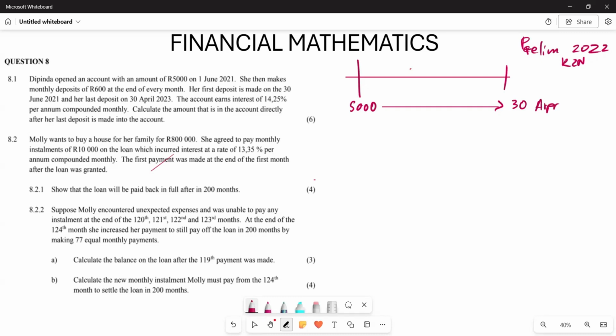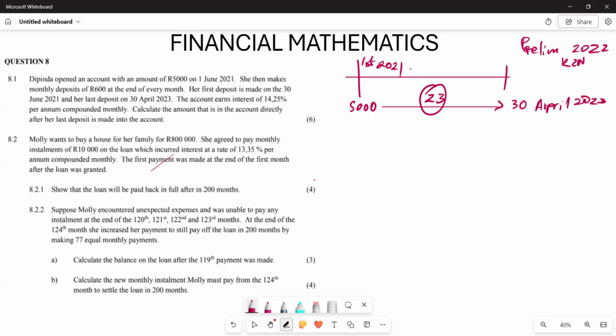This was from the 1st of June 2021 to April 2023. The number of payments here is going to be 23 monthly payments, if I'm not mistaken.